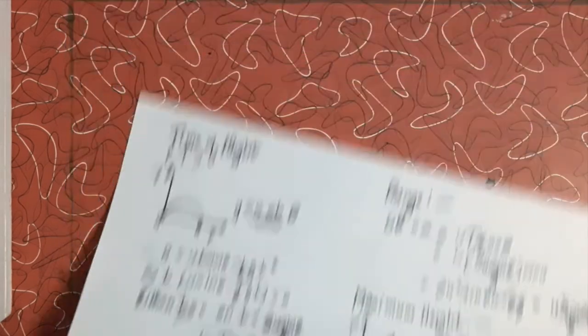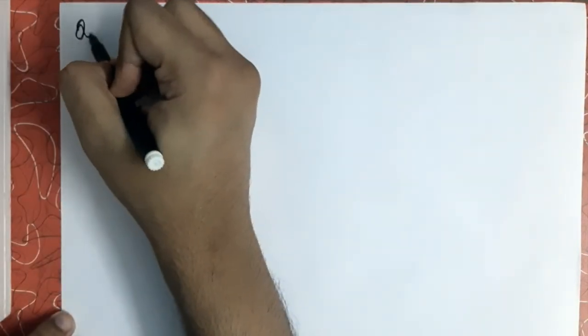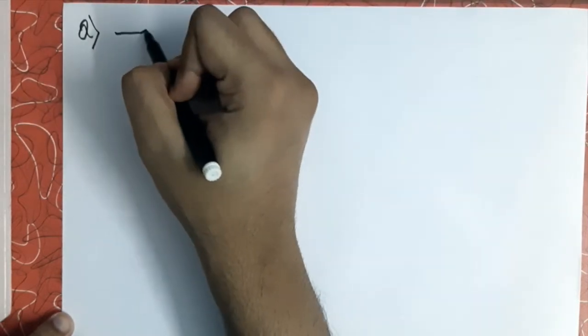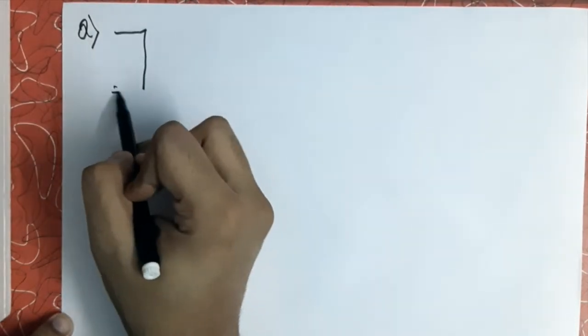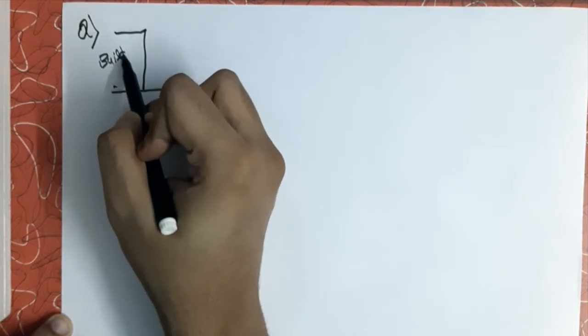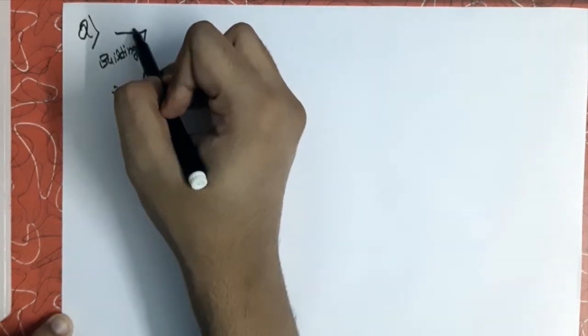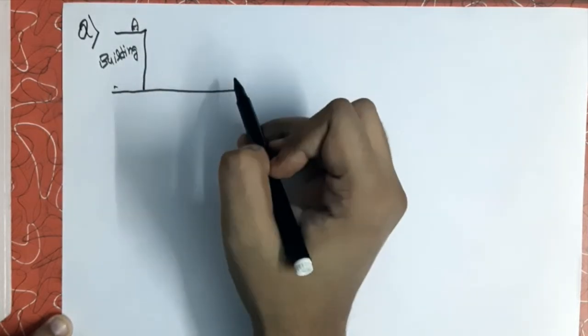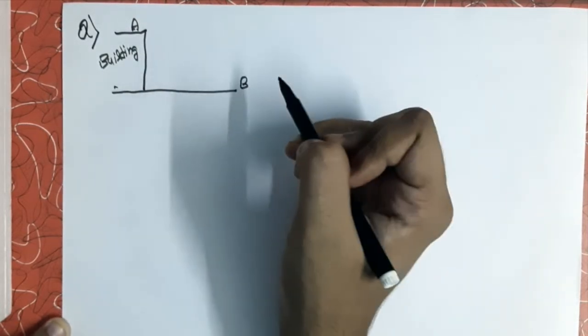Now let's solve a question. The question is something like this. Suppose this is a building. This is the ground, this is a building, and person A is standing here and person B is standing here.